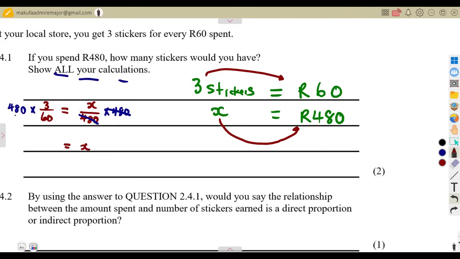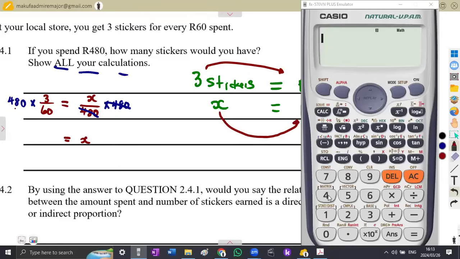Guys, it's up to you the way that you simplify this. If you are in an exam and you are fighting against time, your calculator is there for your assistance. 480 multiplied by 3 over 60 is going to give us 24.